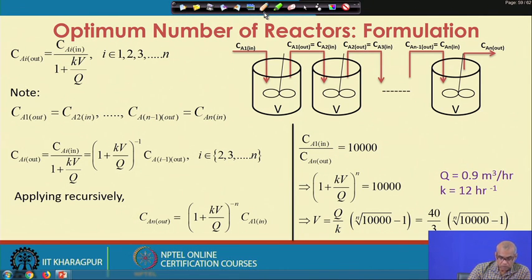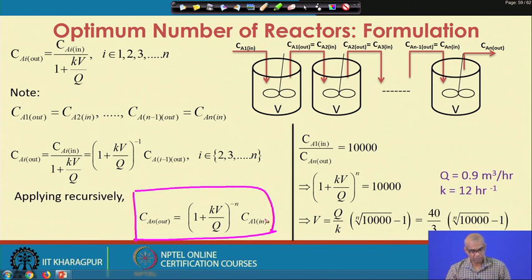So, now if we apply this recursively, we will be able to write Can out equal to 1 plus kV by Q to the power minus n times Ca1 in.